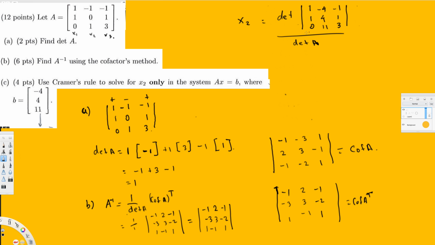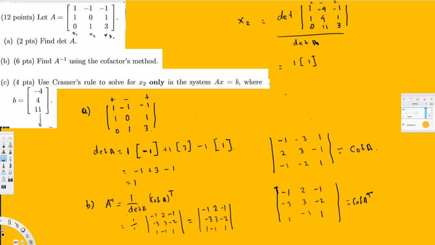So the top determinant is going to be the final value, because the bottom we are dividing by 1, so it doesn't change anything. If I take plus, minus, plus, and take this one, AD minus BC, 12 minus 11 is going to be 1.